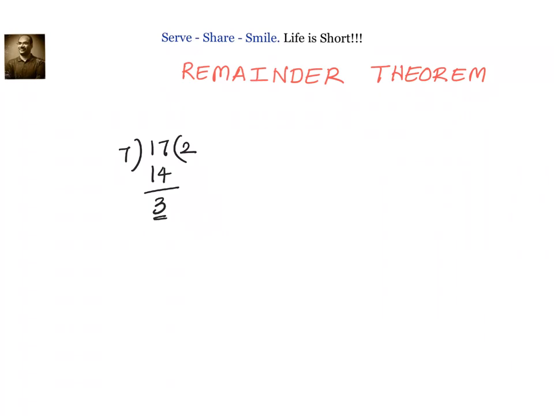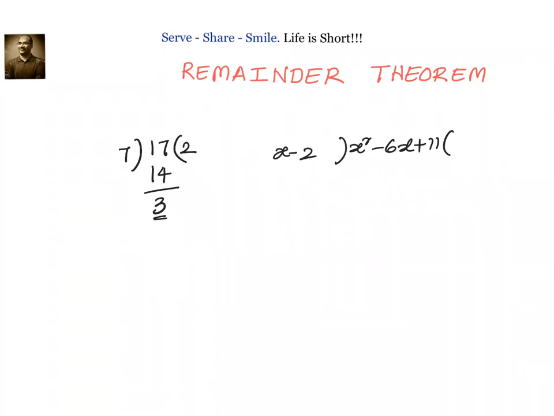Now similarly, suppose you have to do the same thing on polynomials. Let us say I have to divide x square minus 6x plus 11 by x minus 2. One way, we learned long division, so we can use long division and try to find out the remainder. The other way you can do it is the remainder theorem.